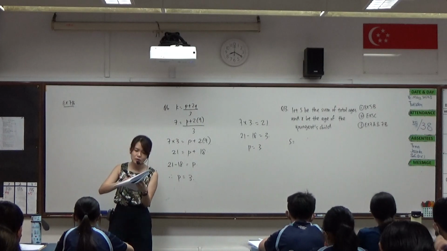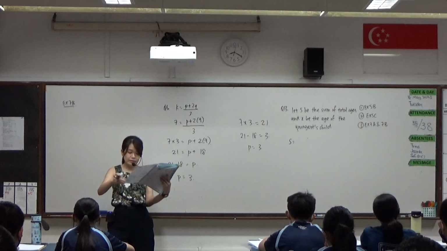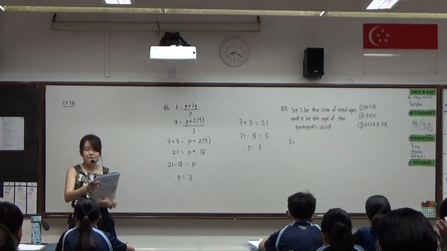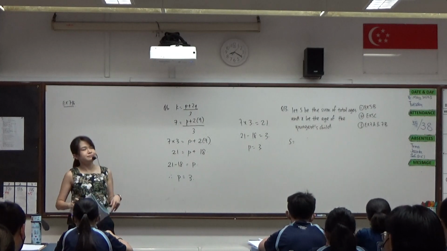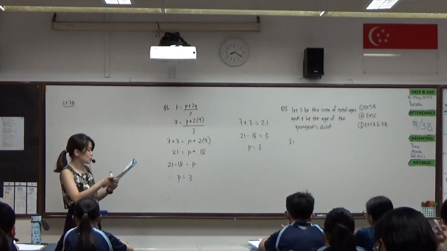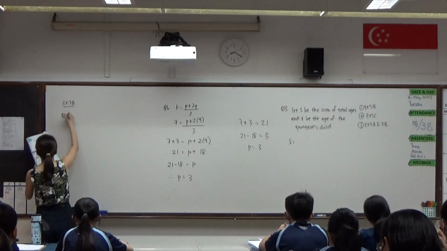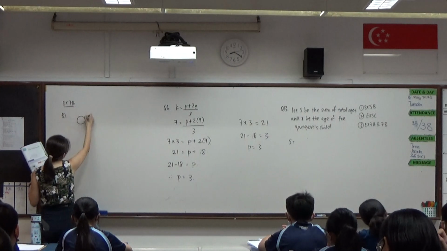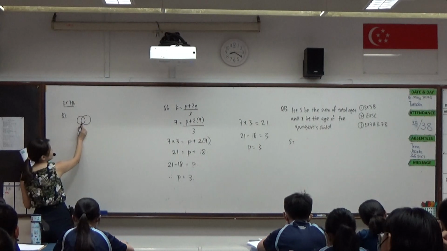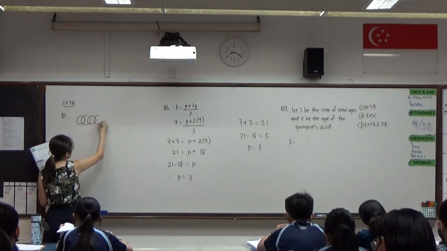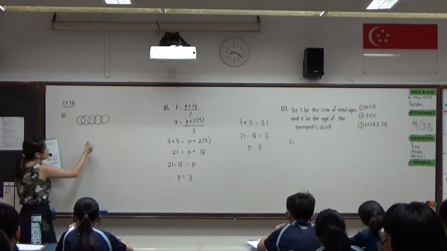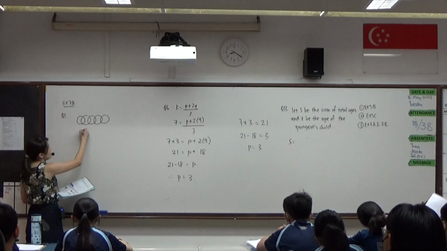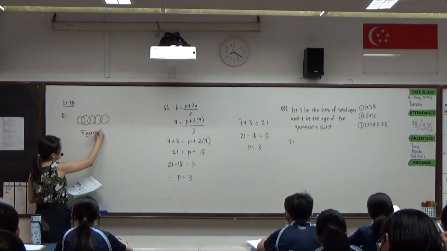For example, in question 1, some of you give very lazy kind of drawing. So question 1, figure 5, please make sure that you show me very clear intersection of the circles. There should be 5 circles, and then please label figure 5.